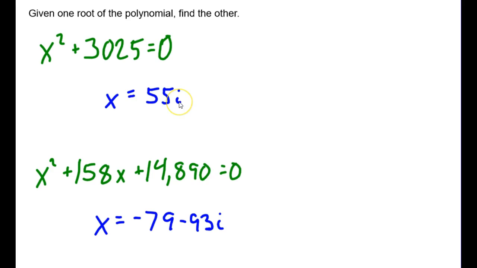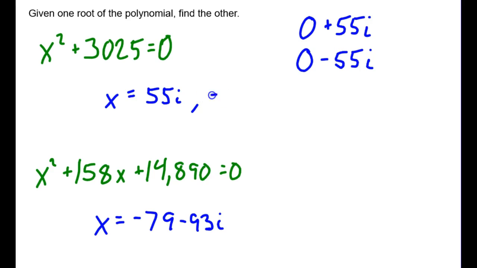We can think of 55i as 0 plus 55i, which means the complex conjugate is 0 minus 55i, so negative 55i will also be a solution to this polynomial.